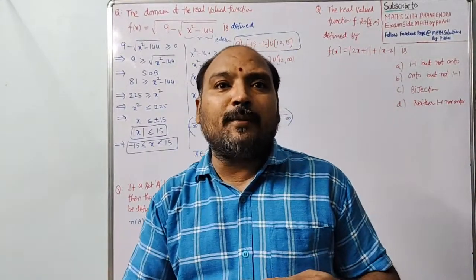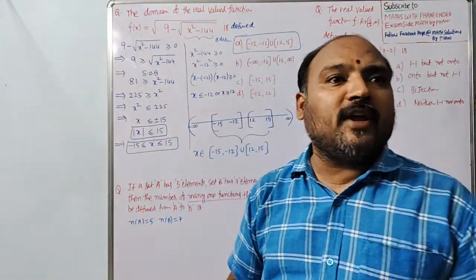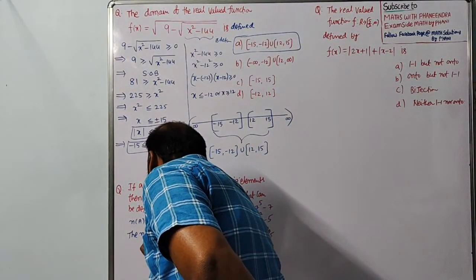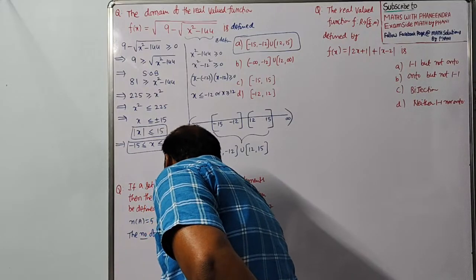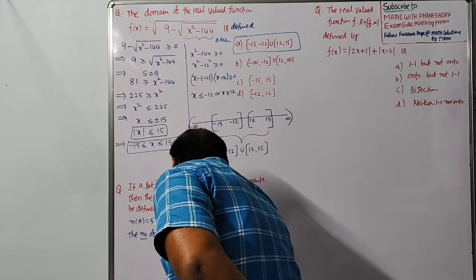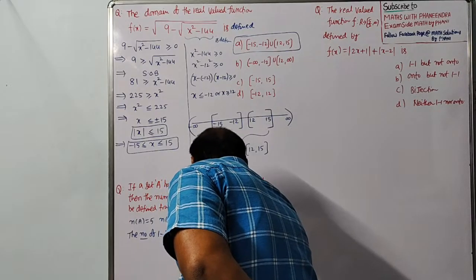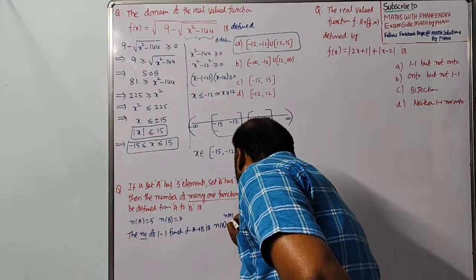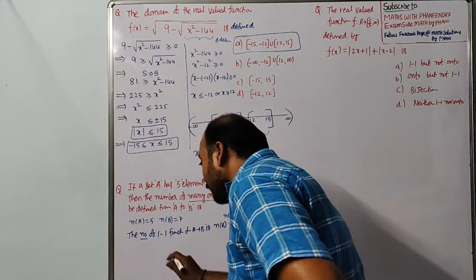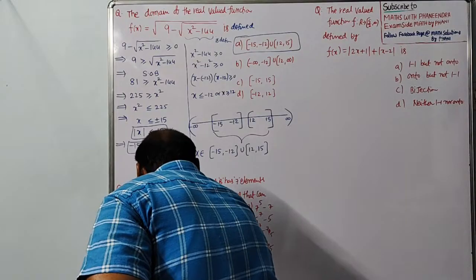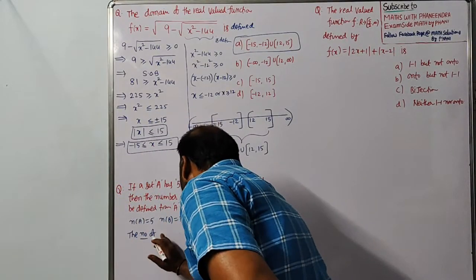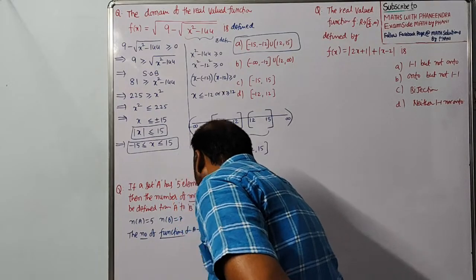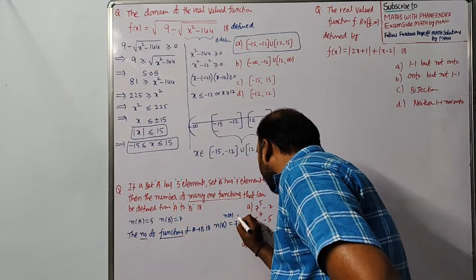Before going to calculate many one functions we can calculate the number of one one functions. The number of functions from A to B is n of B power n of A. That means the number of functions from A to B is 7 power 5.